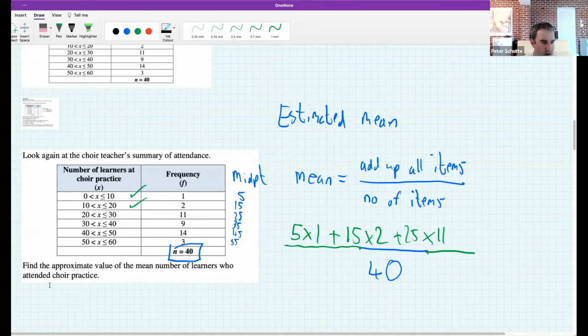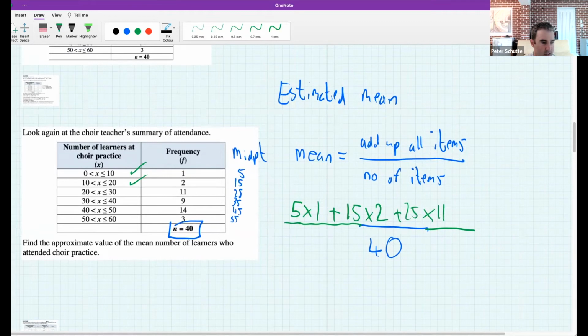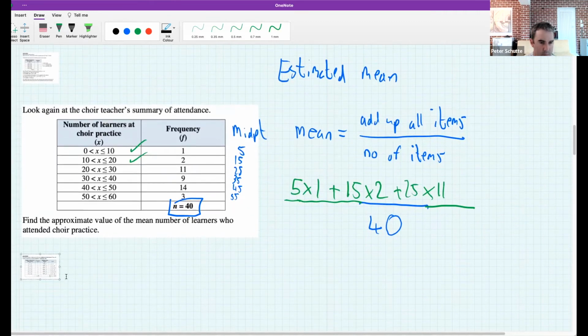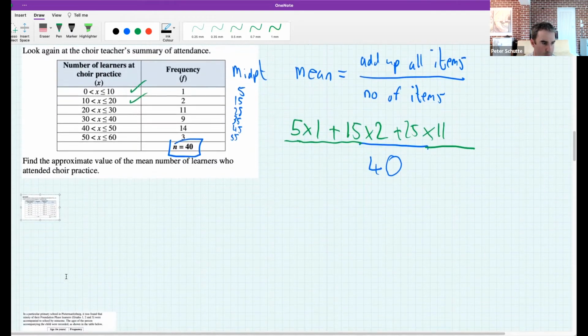So I want everyone to try and calculate that now. And we're doing it manually. See what you get.